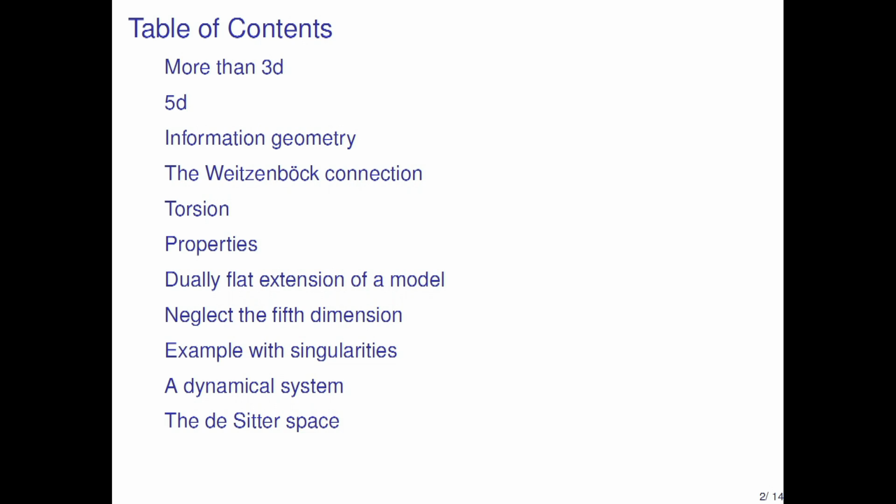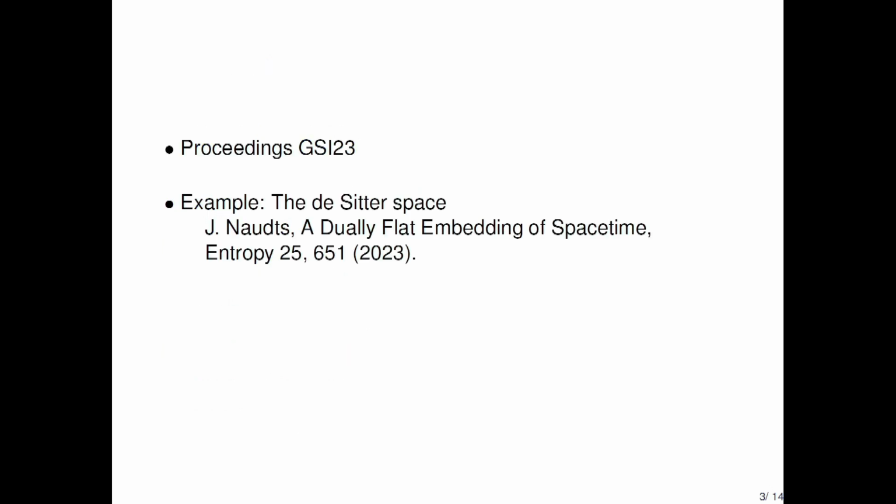And then I come to extension from lower dimension to higher dimension. And at the end I have 2 examples, one which is quite academic and which is found in the proceedings of the conference. The other example comes from a recent publication in Entropy.